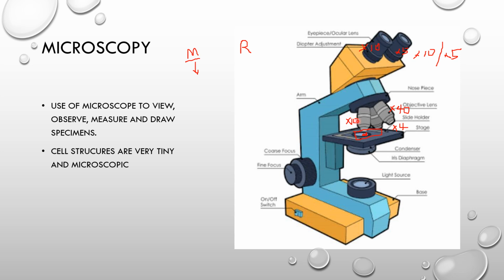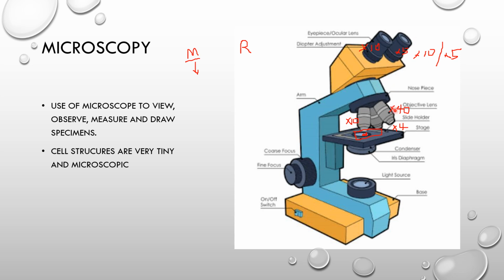This has already done 10 times. This will magnify that 10 times by 10 times. So the total magnification will now be 10 times 10, that's times 100. So if I'm using this objective lens, times 10, and this one, times 5, the total magnification will be 10 times 5.